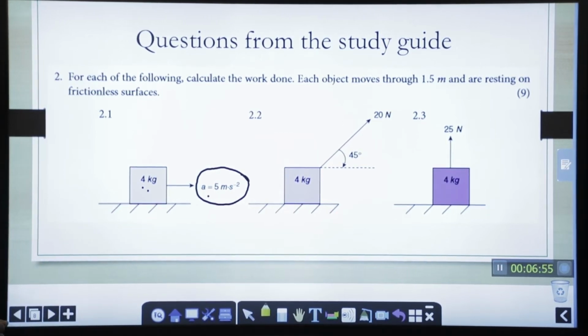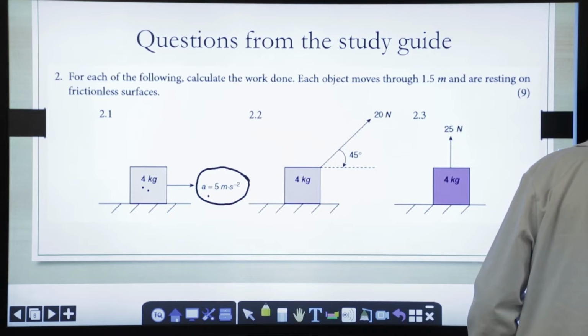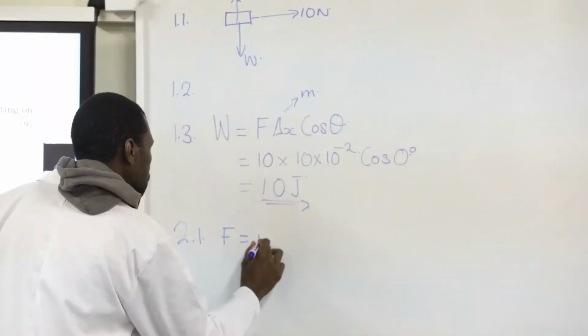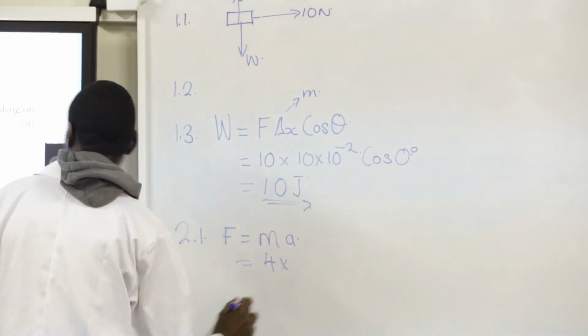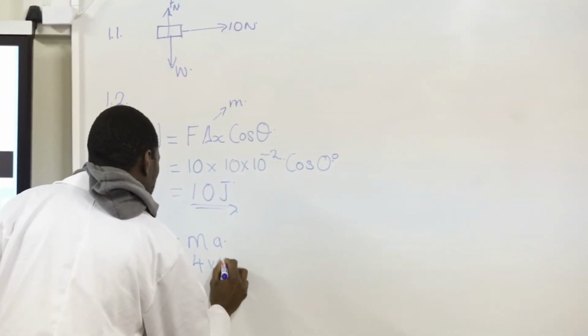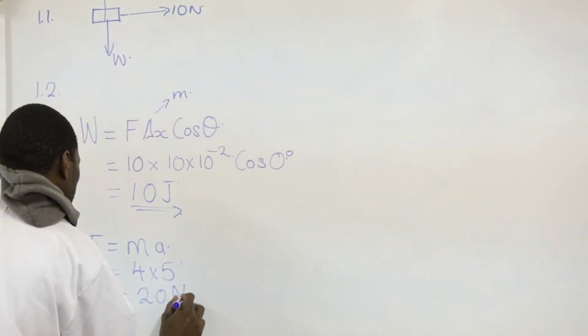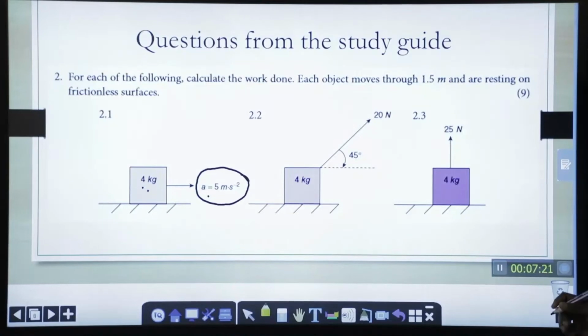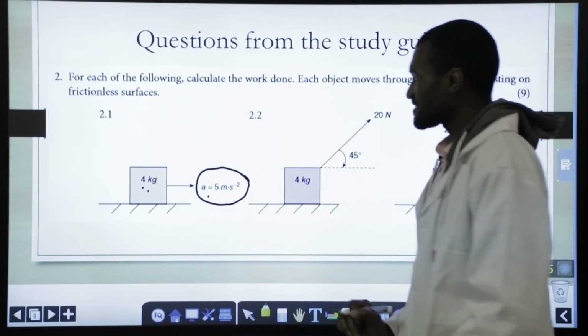Think about it. Mass and acceleration. Exactly. Newton's second law. So 2.1, I am going to find the force first by saying F is equal to mass times acceleration. In other words, 4 multiplied by 5, which gives me 20 newtons. That's my force. So the force along this way is 20 newtons, right?